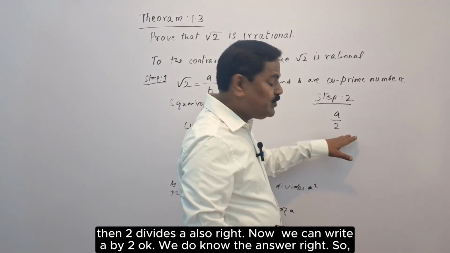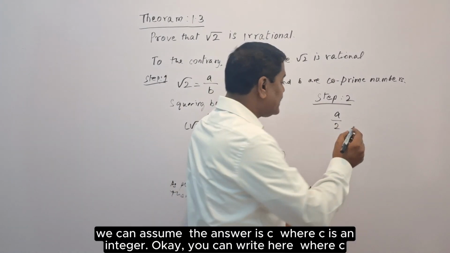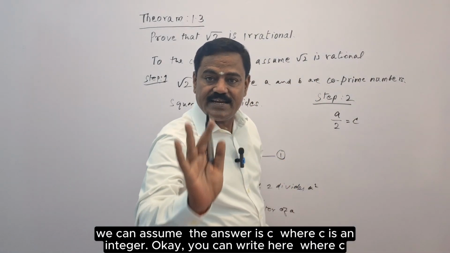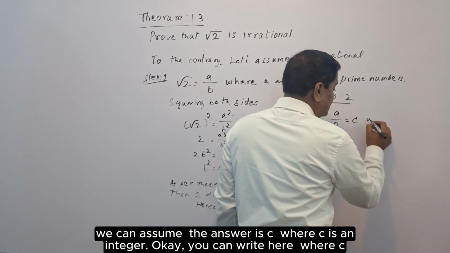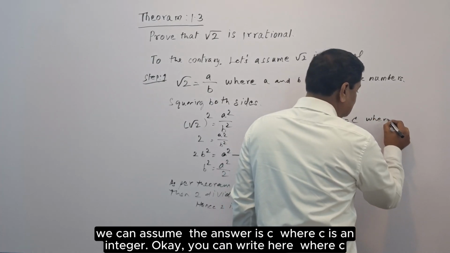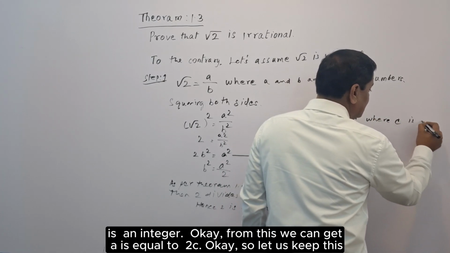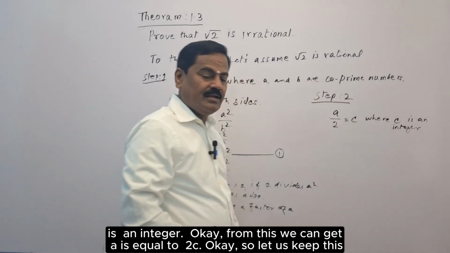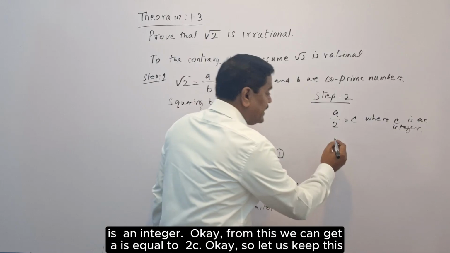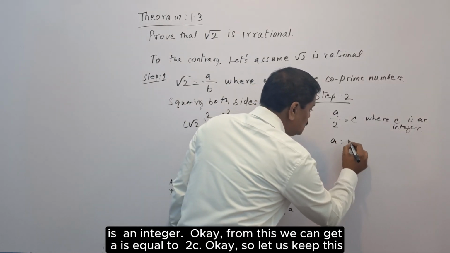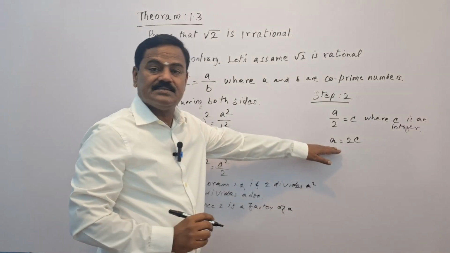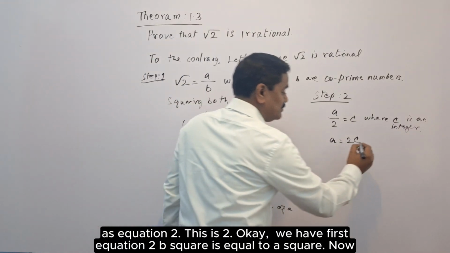We don't know the answer, so we can assume the answer is c, where c is an integer. From this we get a is equal to 2c.